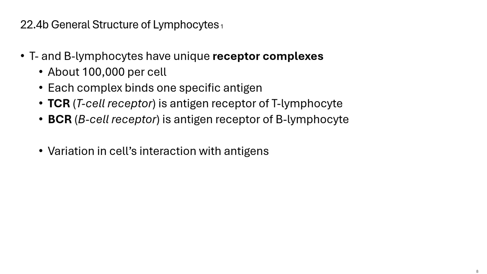And remember, the receptors are proteins based on our mRNA, which is based on our DNA. So you can have this process called recombinant shuffling, where parts of the genetic code get shuffled and switched around, and that ends up producing a different type of receptor, a different protein that has a different antigen specificity. This idea of antigen specificity we will discuss and emphasize more in a little while.